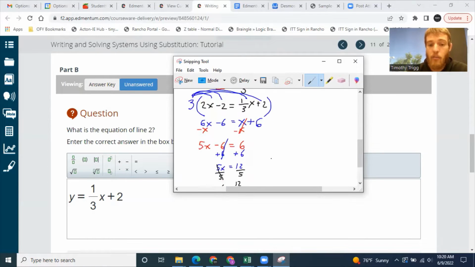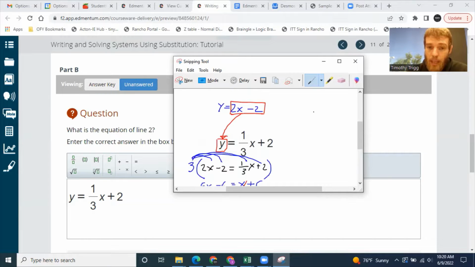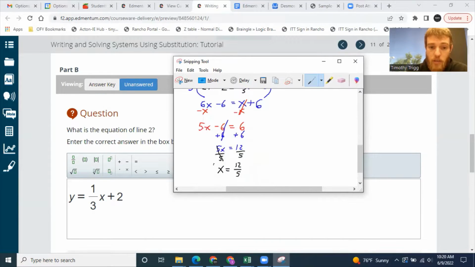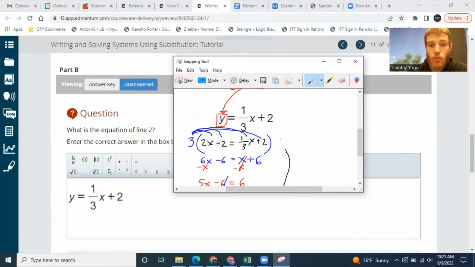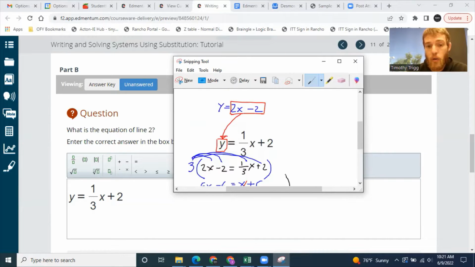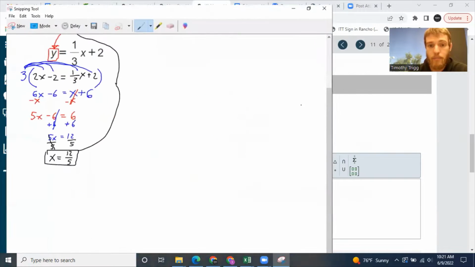Can we find the value of y? Well, yes, we can, because now that we know the value of x is 12/5, I can replace this into either one of the original equations. I'm going to plug it into this one. So I'm replacing x with the value of x that we found earlier.